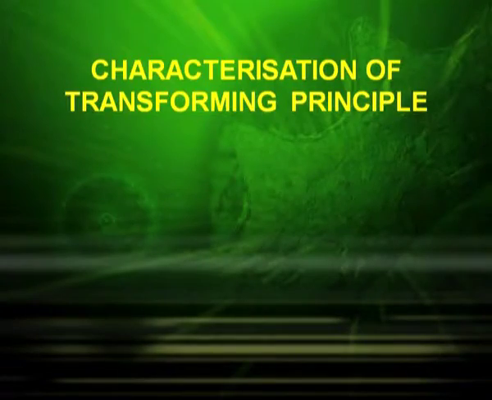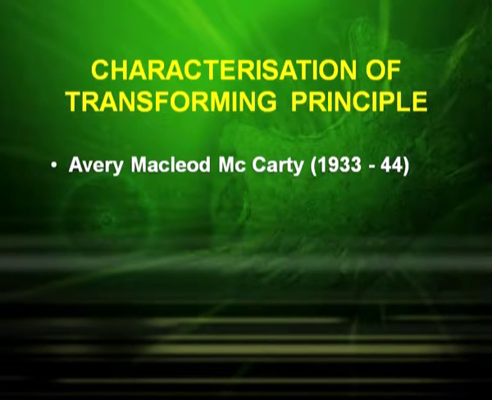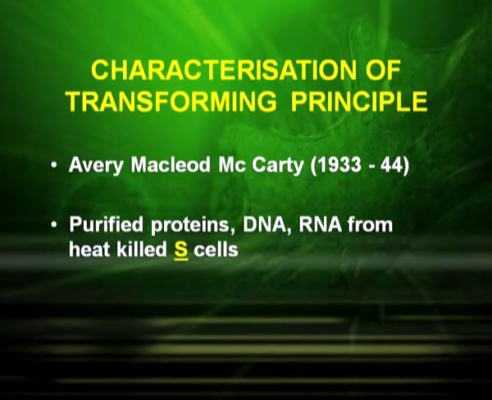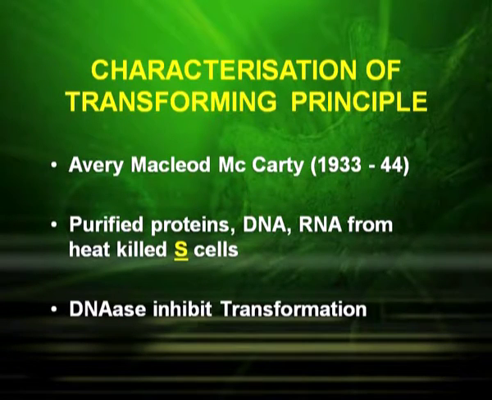So, in the next experiment, the characterization of the transforming principle was performed by three scientists, Avery, MacLeod and McCarty, 1933 to 44. They purified proteins, DNA, RNA from heat-killed S cells. Now, to their surprise, they found it is only the DNase which inhibits the transformation.